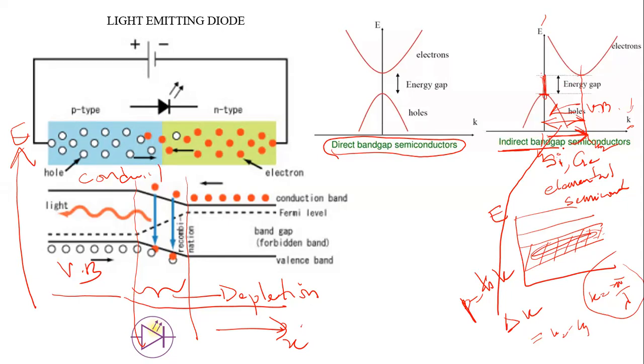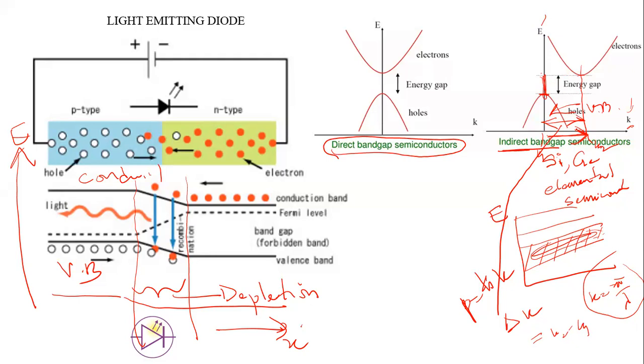When such elemental semiconductors are used, the transition between the conduction band and the valence band cannot involve emission or absorption of light because of the thermal energy associated with it. That is the requirement to have a change in K value. So there are certain detailed descriptions about all these things, but let's skip that for now.